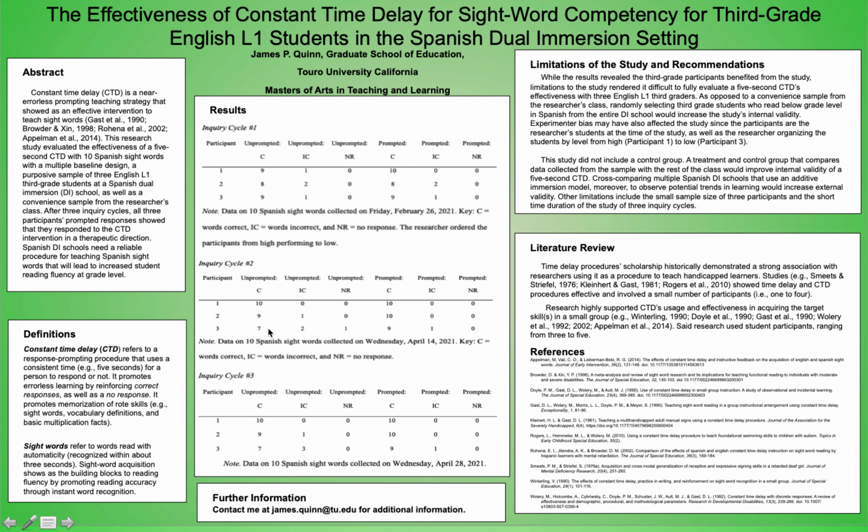But upon further investigation into her home life, a confounding variable showed that between inquiry cycle 1 and inquiry cycle 2, her mother birthed a newborn brother for her, and participant 3 commented that her new brother was keeping her up at night, which the researcher predicts likely affected her results.